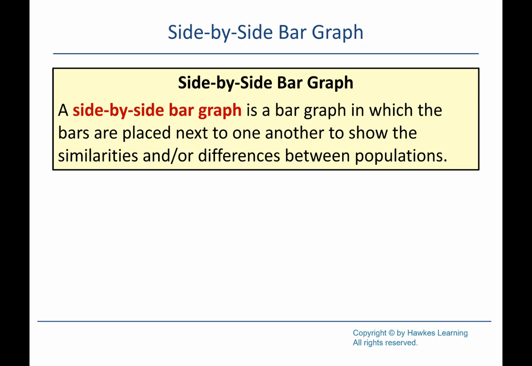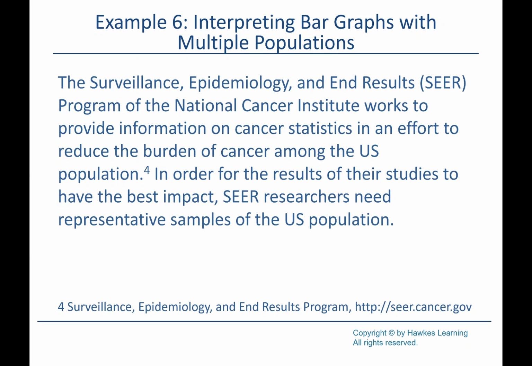So the idea there is that we have two or more different groups that we want to compare, and we can make a bar graph for each group, and we put the bars for each category right beside each other so we can compare and contrast. So this one's a little technical. So here's the main idea. We don't have to get into all the details here.